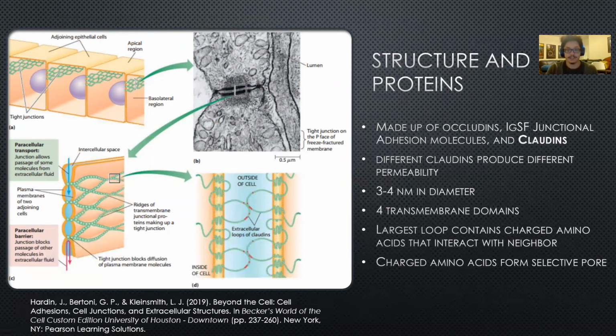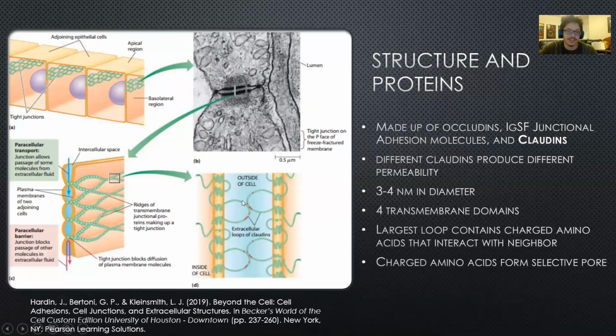And this creates the seal that prevents molecules from passing through, and we get our seal in between the apical and basal regions. Now, this bond is not entirely impervious. Some of these amino acids do form a sort of selective pore that allows certain ions to pass, and that's how we get paracellular transport, which is the transport of certain ions in between the cells instead of having to go through the cells themselves.